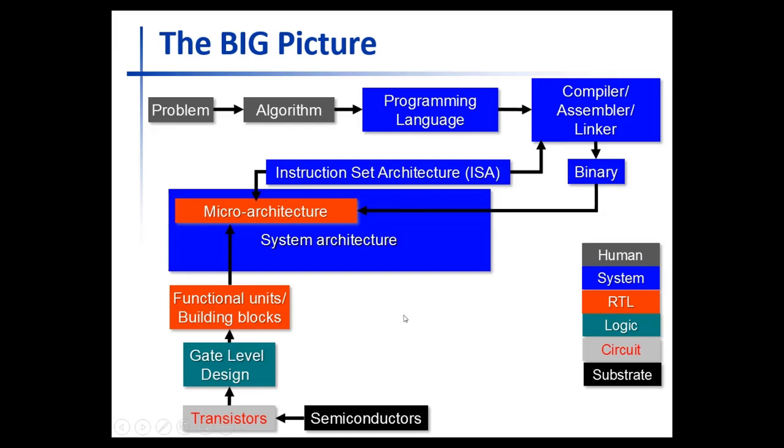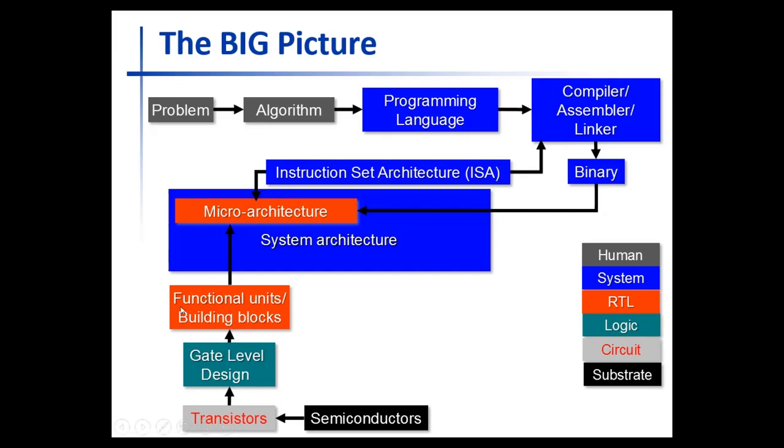Now, let's have a look at this microarchitecture bit a little bit. It's a logic circuit, like I said. So what is it built up of? It's built up of functional units or building blocks, which are based on logic circuits. So what are these functional units?